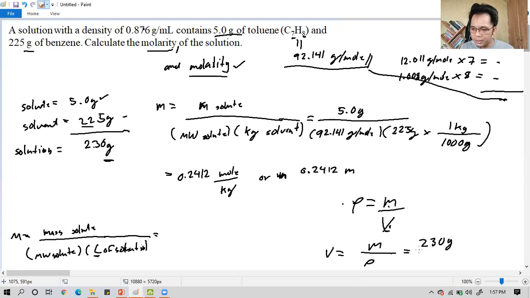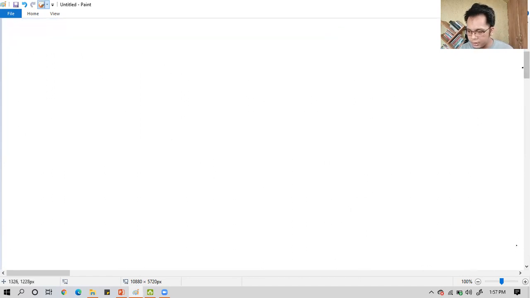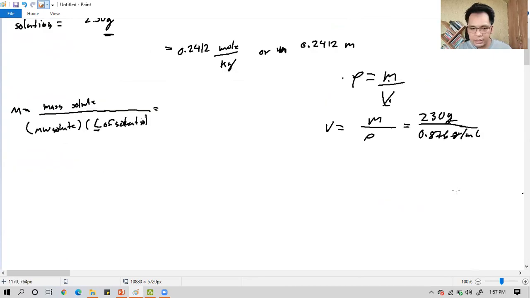And then for the density, that is 0.876 grams per ml. So the grams cancel, and we will have a value of 230 all over 0.876, which is 262.557.